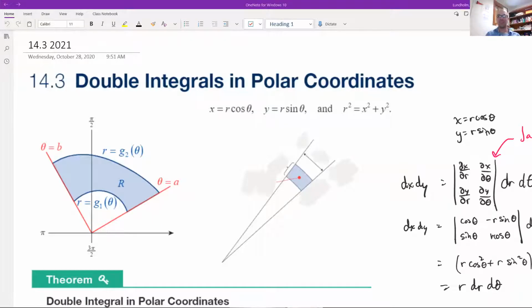Hi, everybody. We are here in section 14.3, talking about double integrals and polar coordinates today. The aim today is to grow our powers in taking double integrals so that we can take integrals of new shapes and make some of the older shapes easier to take integrals of.